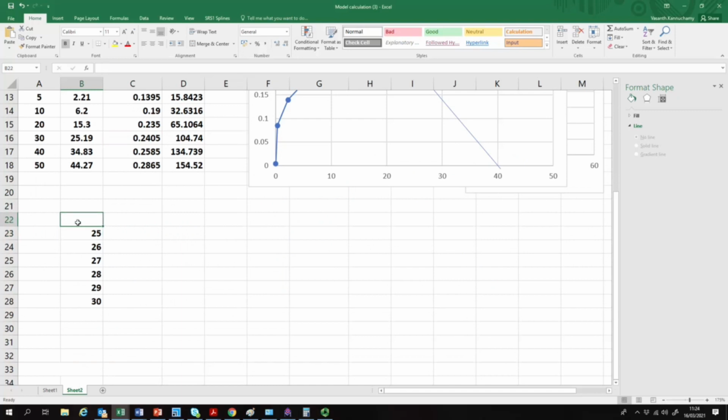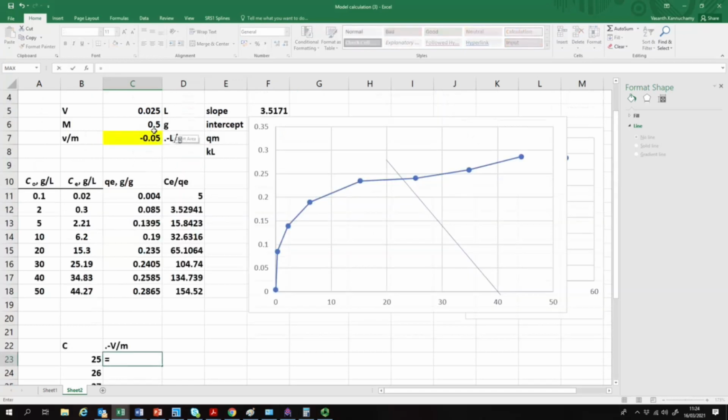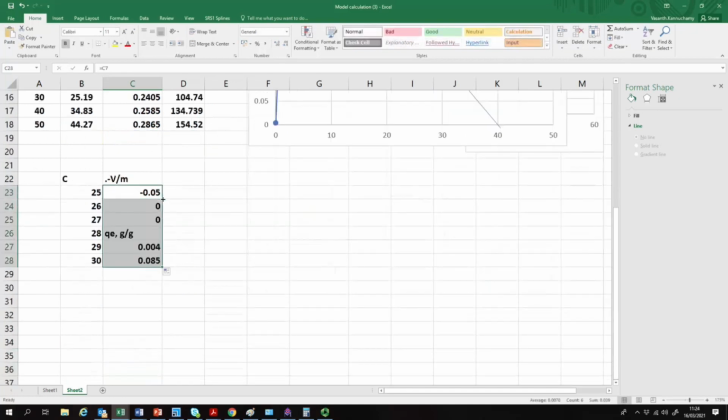Let's call this C for the moment, and then we know the slope value, minus V by M. This value is equal to minus 0.05. Just multiply C by the minus V by M ratio. You have to listen to the lectures if you have no clue what's going on.